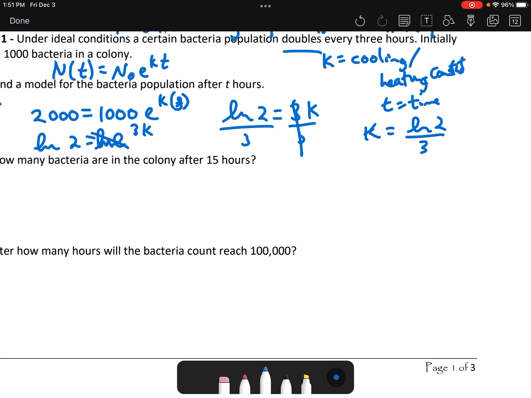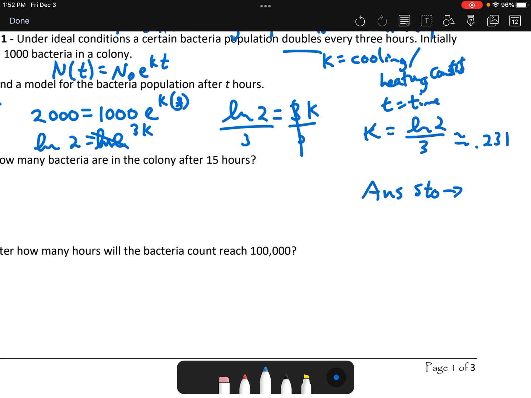If you type that in, natural log of 2 divided by 3, it's about 0.231. But we don't want approximate, we want exact. So take that number you just typed in your calculator and find the button that says STO arrow.